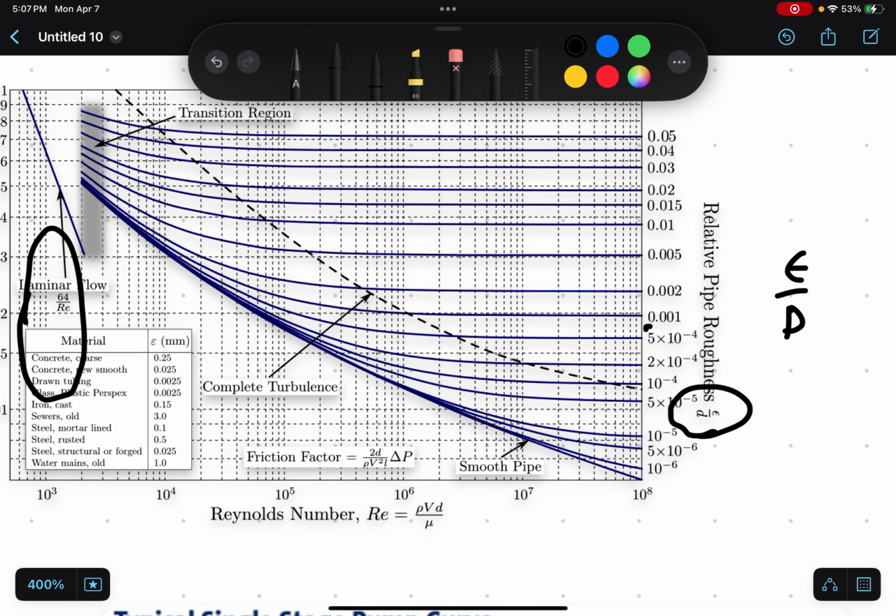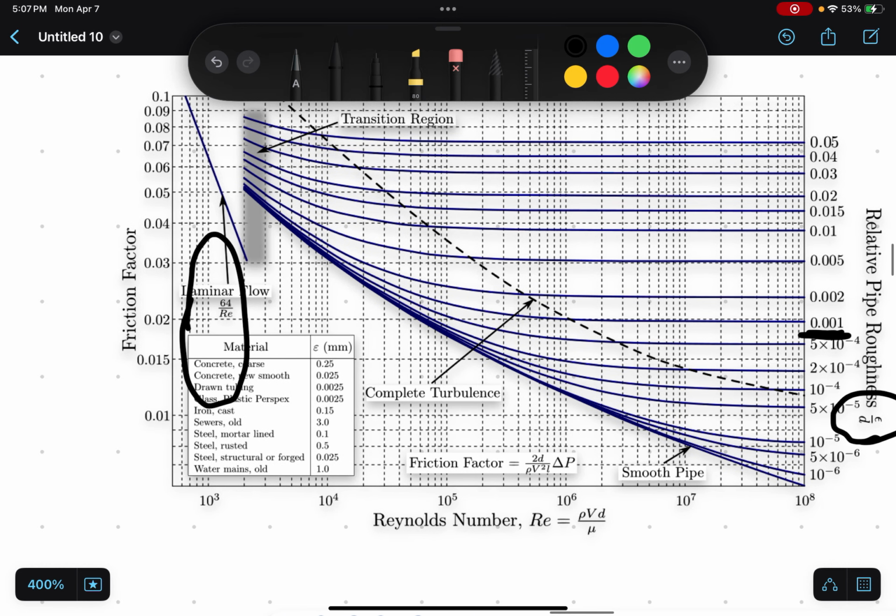Let's say we find out that ours is 0.001. So we could just draw the line straight over and say our friction factor is 0.02.